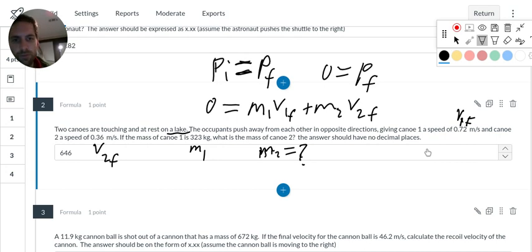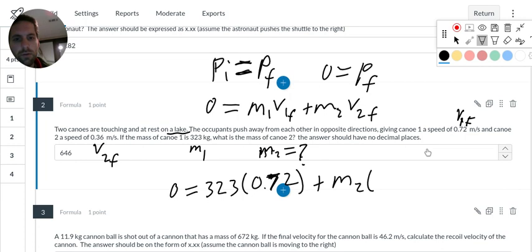Okay, so I'm going to set up my equation. Just plug everything in. So 0 equals 323 times 0.72, plus, don't know M2.